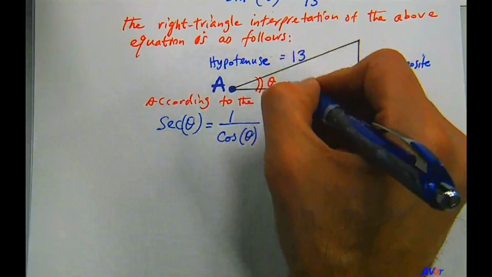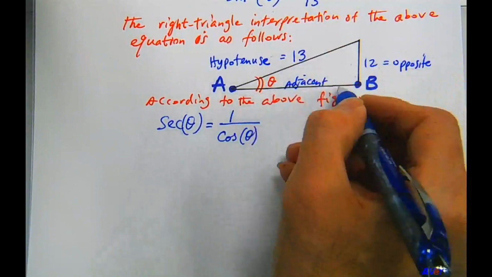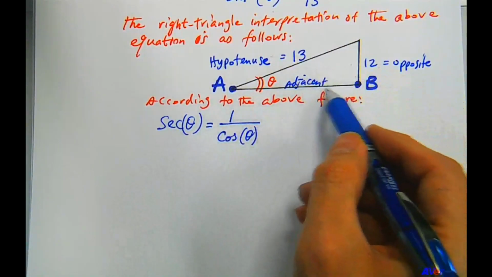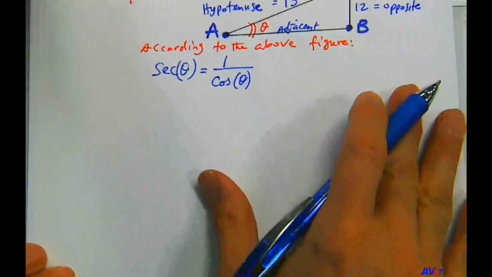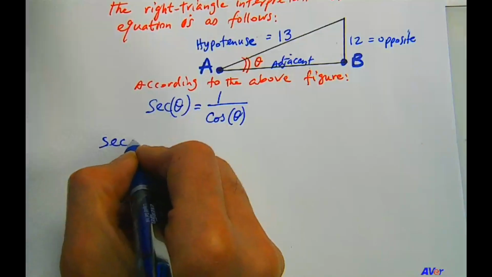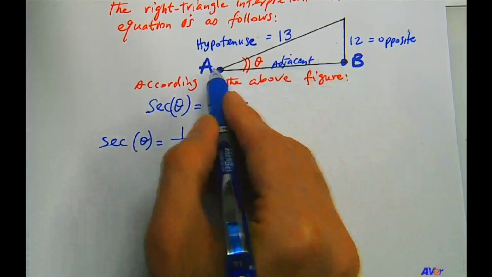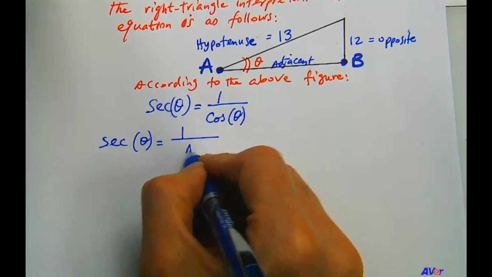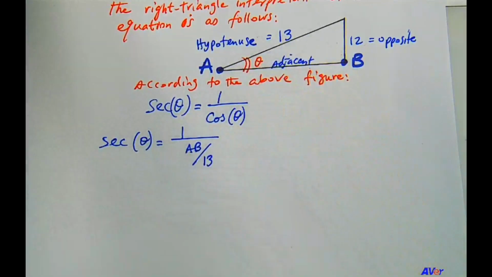Remember that? The adjacent side, or AB, divided by the hypotenuse. So let's write that down. One over the adjacent, which is AB, divided by the hypotenuse, or 13.